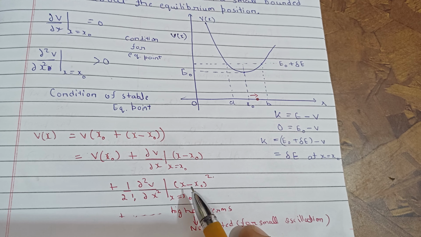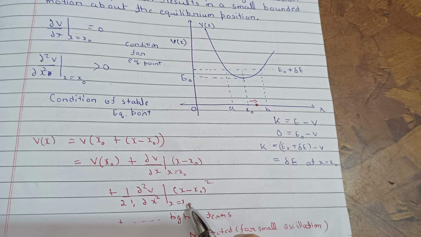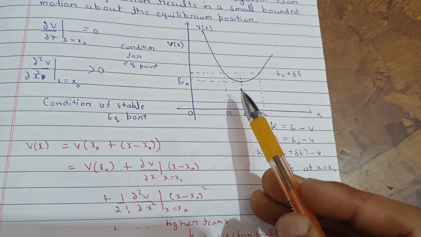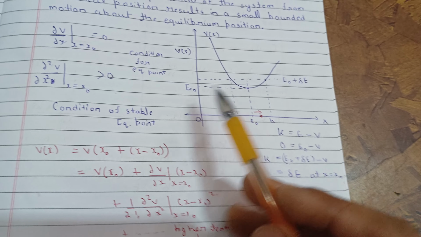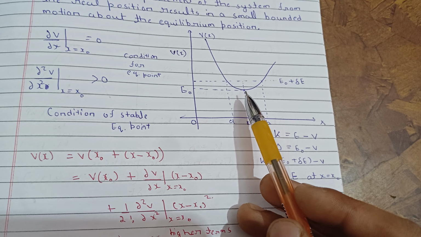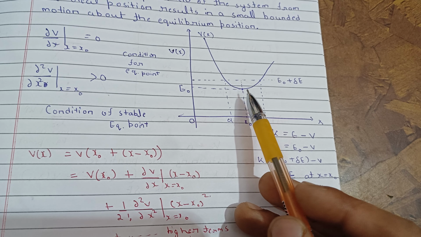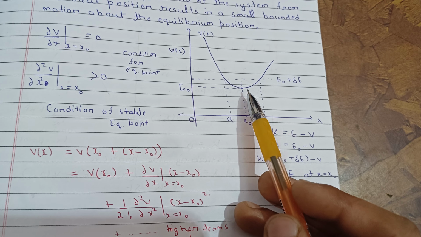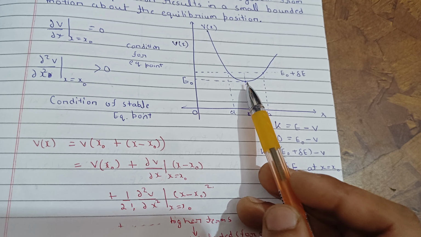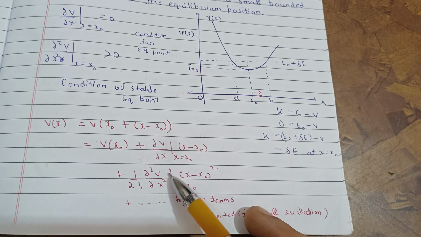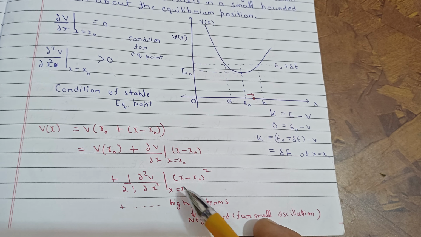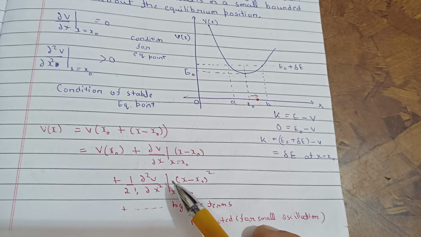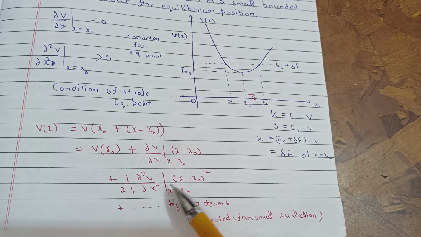Now the second term at x = x0: we know that for a stable equilibrium point the second order derivative is greater than 0, only then do we have a local minimum. So this term at x = x0 is positive, and we call this whole term some k.